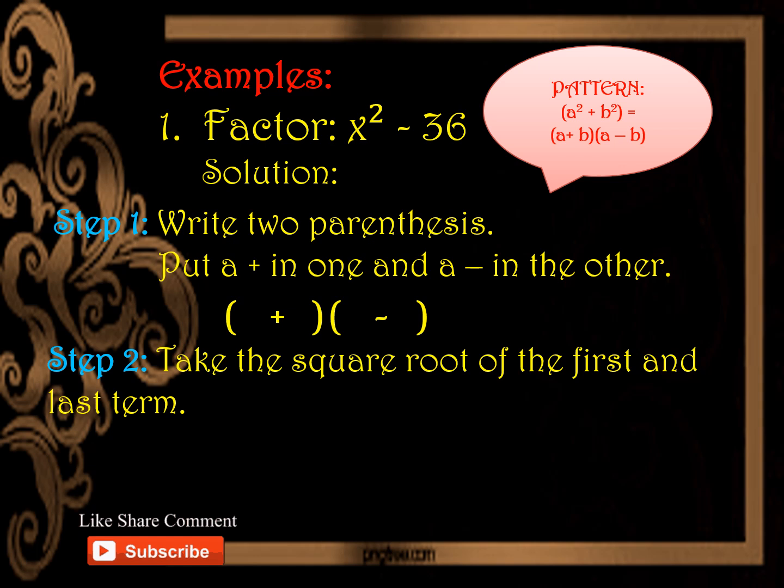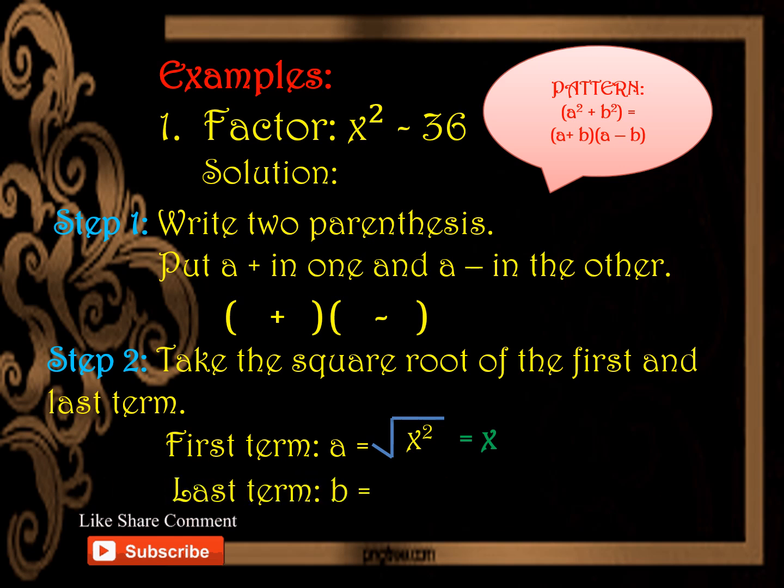Step 2, take the square root of the first and last term. Our first term is x squared, and its square root is x. And our last term is 36, so the square root of 36 is equal to 6.